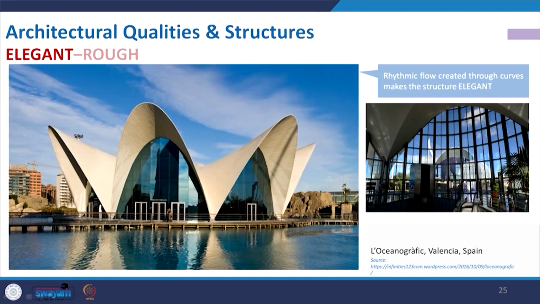So, this is one of my favorite examples, designed by Felix Candela, the Oceanographic building. Why did I put it in the elegant category? This is a very good curvilinear form of architecture where parabolic and hyperbolic paraboloid forms are used, and Felix Candela is good at that. It is perfectly executed, the thickness, the petal form, the shell form, created very accurately from inside also.